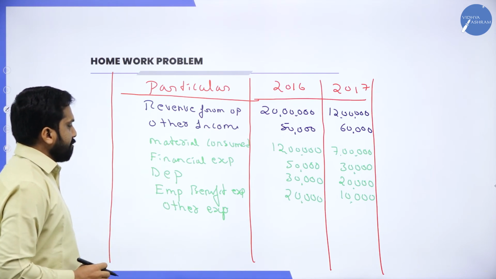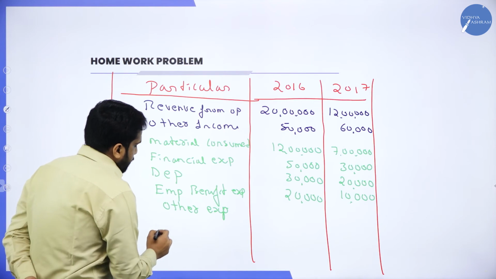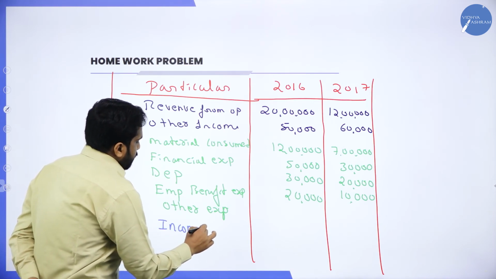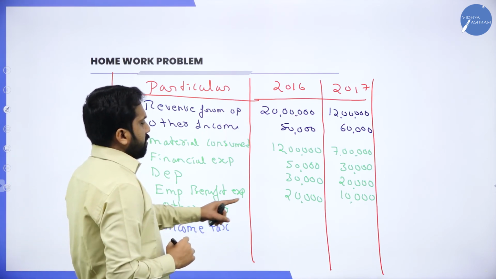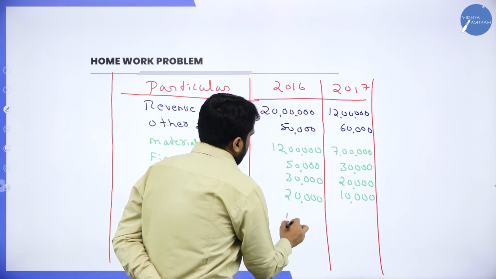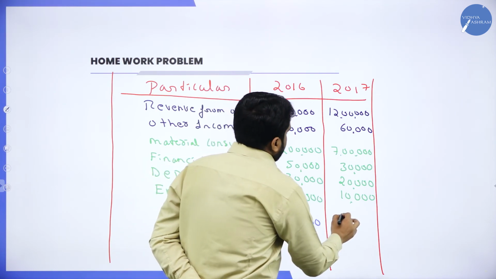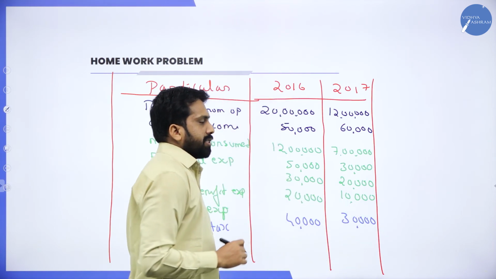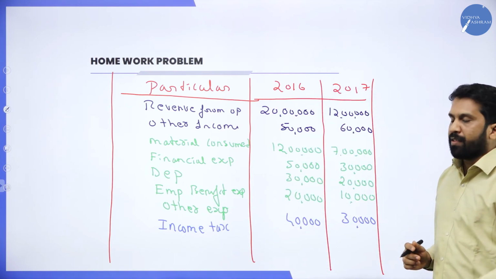We'll go for the last one. The last adjustment is income tax. Income tax for the first one is 40,000. Income tax for the second one is 30,000. This will be your homework question.